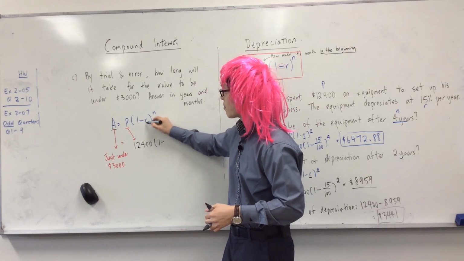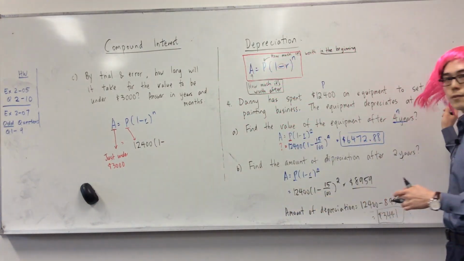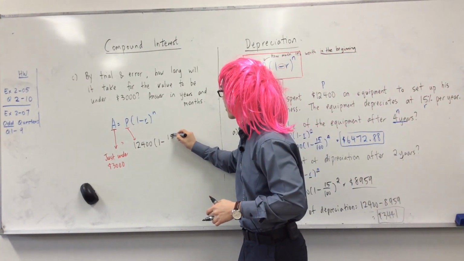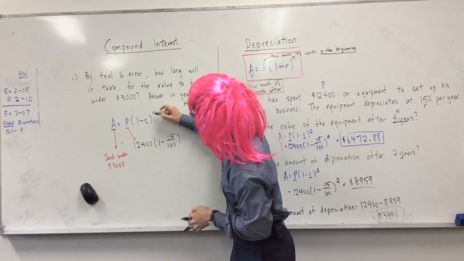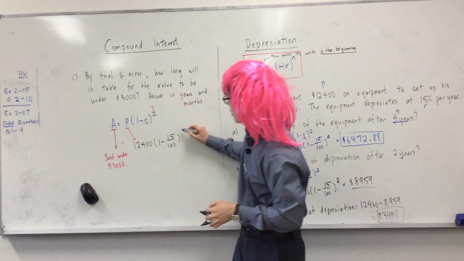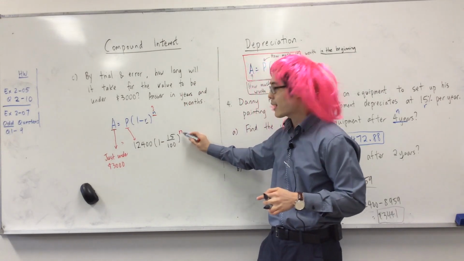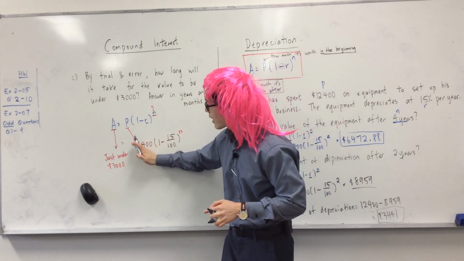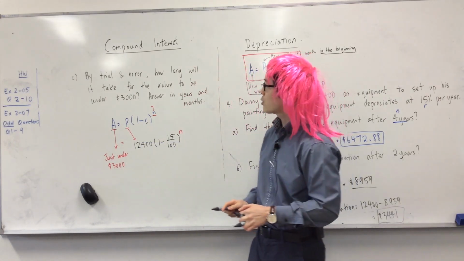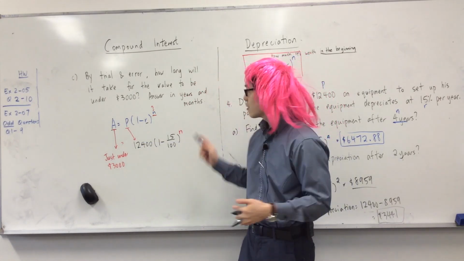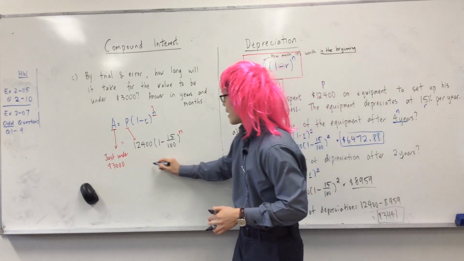Bracket 1 minus, my rate is still the same, 15%. But the question is, what number do I need here for n? If I put that in the calculator, the number on the other end is just under $3,000. So let's use trial and error, which means guess and check, to see what that n might be.